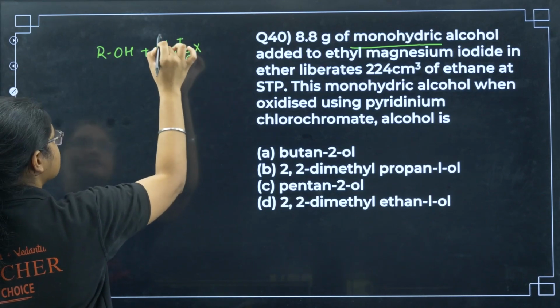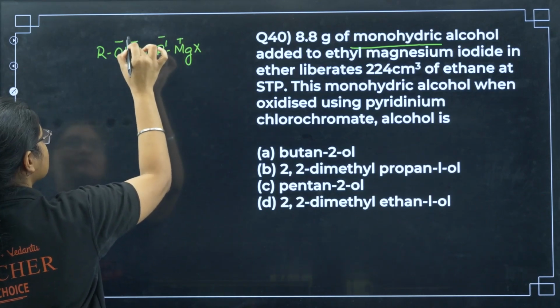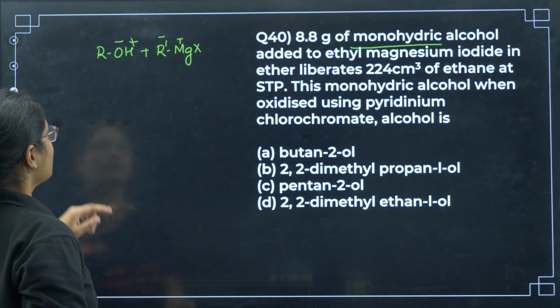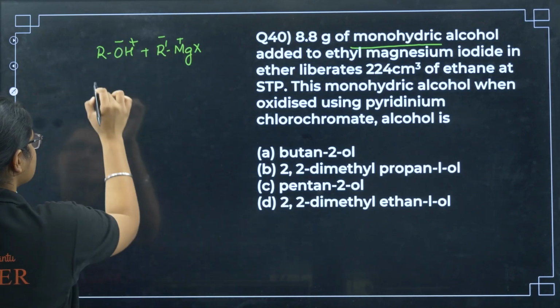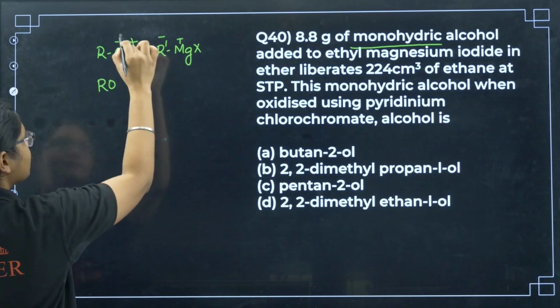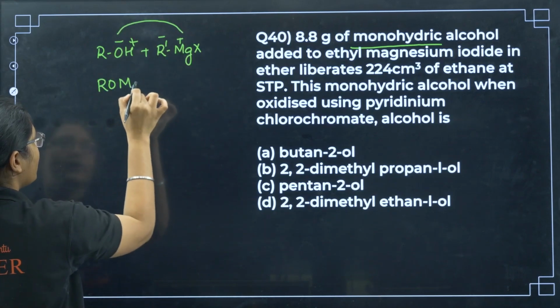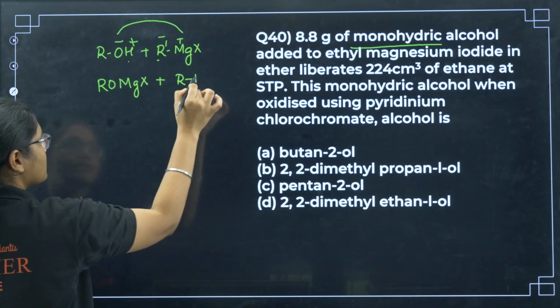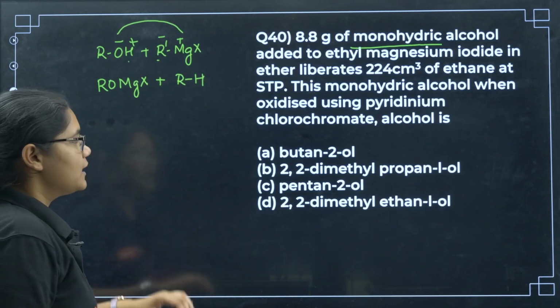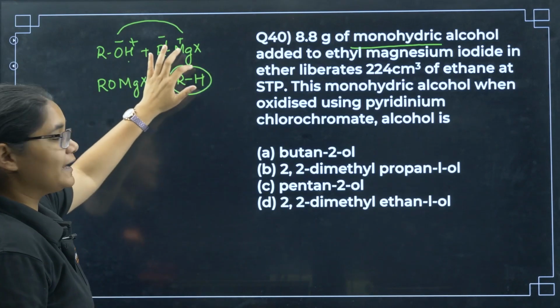When I have alcohol reacting with a Grignard reagent, what happens? So this is plus, this is minus, right? So I get a compound ROMgX. RO minus and Mg plus will combine, and R and H will react, so now this is the alkane I am getting here.